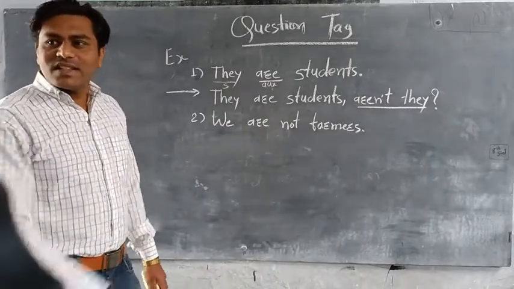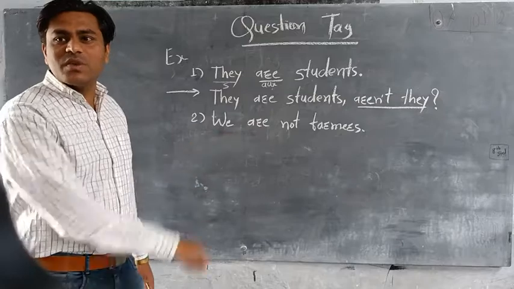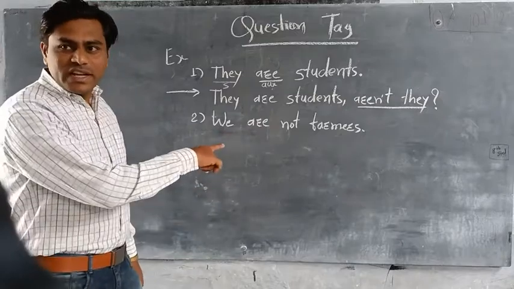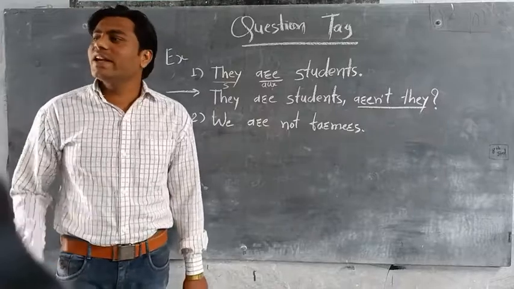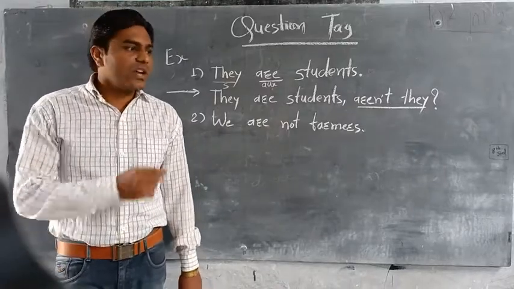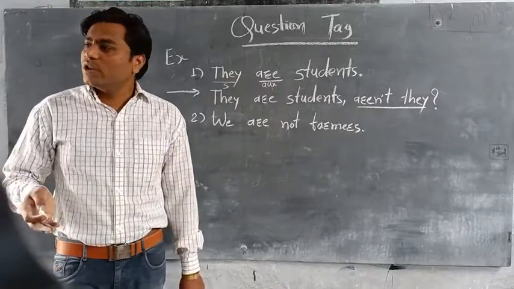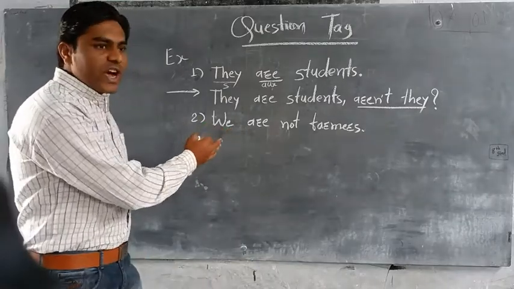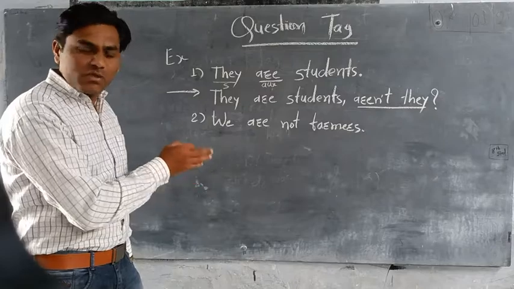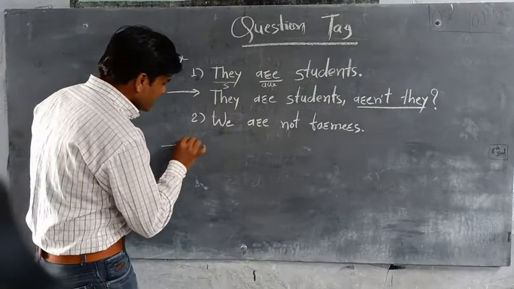Sumit, it is in negative form. So when we see the sentence in negative form, we have to transform it into the question tag as in positive. At the very first, we have to write the sentence as it is in the question tag.